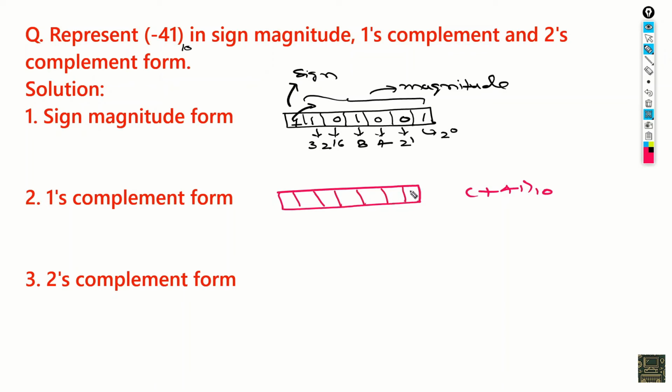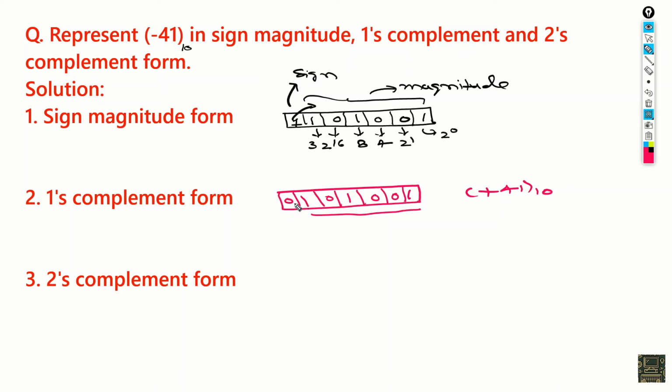We have seen the value in binary, the magnitude of the number is 101001, and if I put 0 here, the number becomes positive. This is the representation of plus 41 in sign magnitude form.